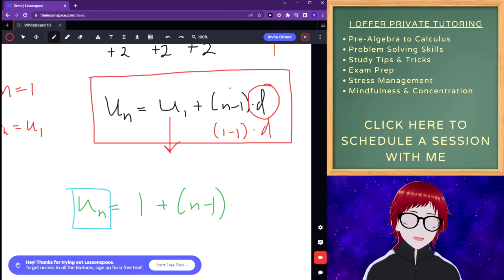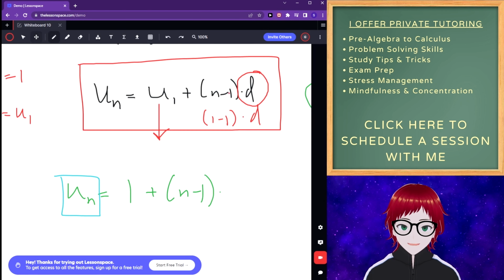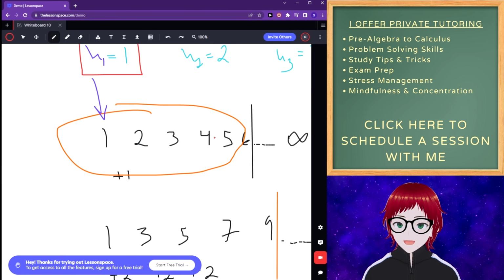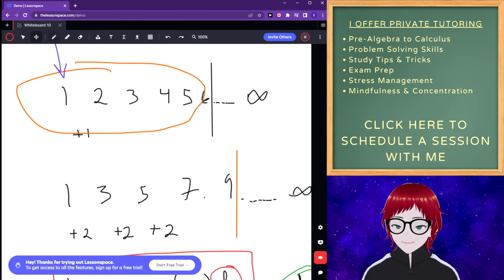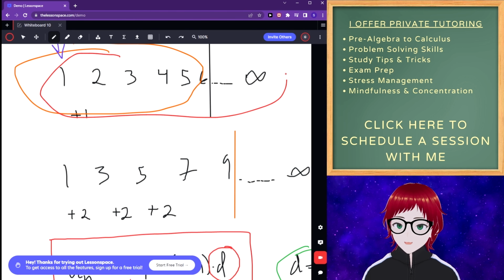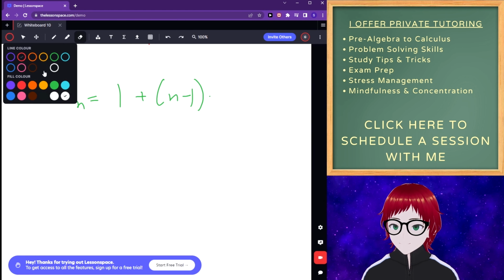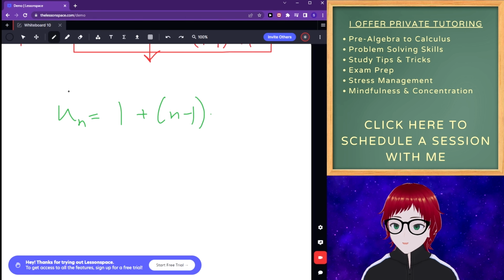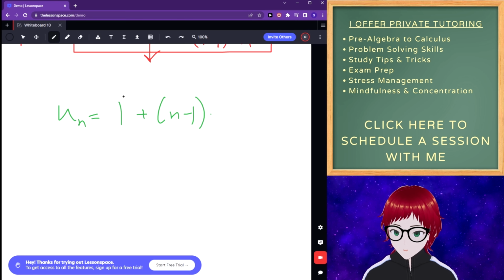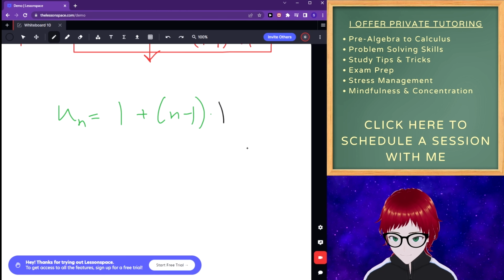Now, there's other ways you could write this that we'll see in a moment, but for the purposes of clarification, let's say we take this sequence 1, 2, 3, 4, 5, 6. So what would this look like? It would look something like this. So un, the general expression of this sequence, will equal u1, which in this case is 1, plus n minus 1 times the common difference, 1.